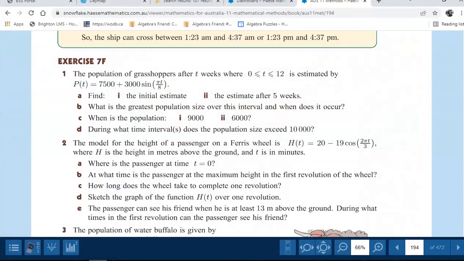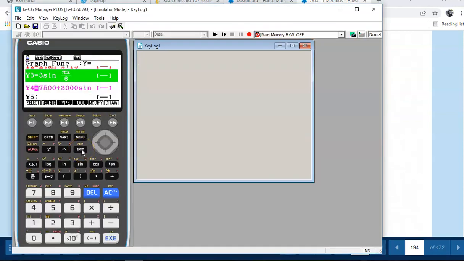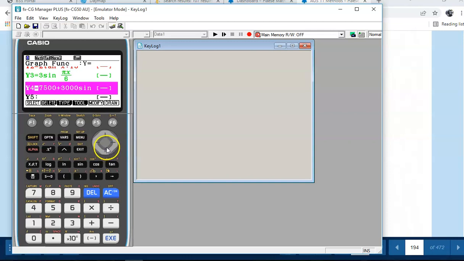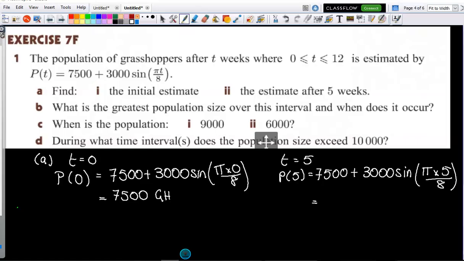Anyway, when is the population 9,000 and 6,000? So you've got your XCalc, or, watching please, the easiest way I like to see it, I would type in 9,000. When is it 9,000? Bang, I can see it. G-solve. What are you actually solving? So again, remember your calculator.